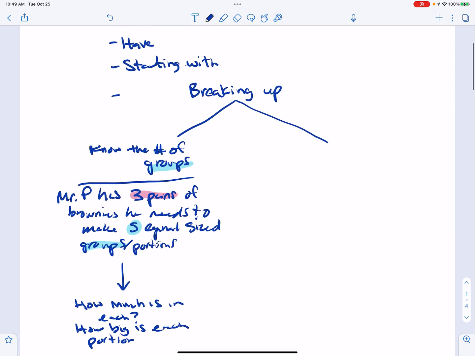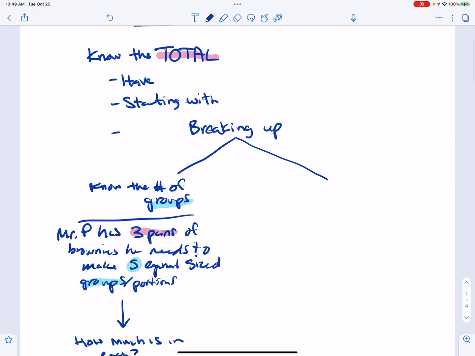On the flip side of this, when you know the total and you know what you're starting with, you could be breaking it up where instead you know the size of the groups.